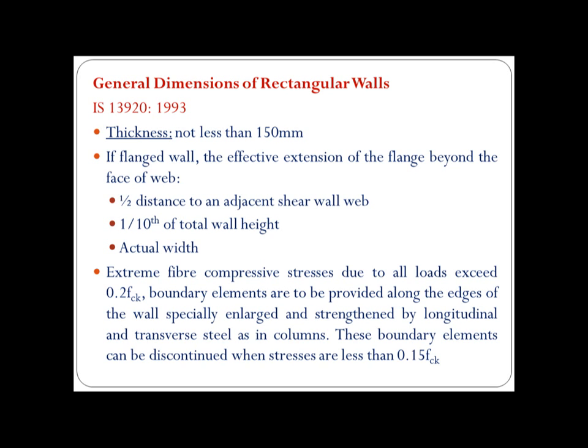When extreme fiber compressive stresses due to all loads exceed 0.2 fck, boundary elements are to be provided along the edges, enlarged and strengthened by longitudinal and transverse reinforcement as in columns. These boundary elements can be discontinued when the stresses are less than 0.15 fck.